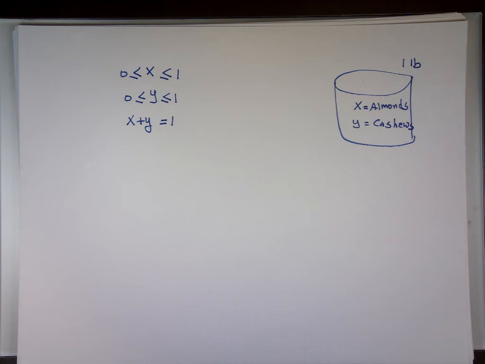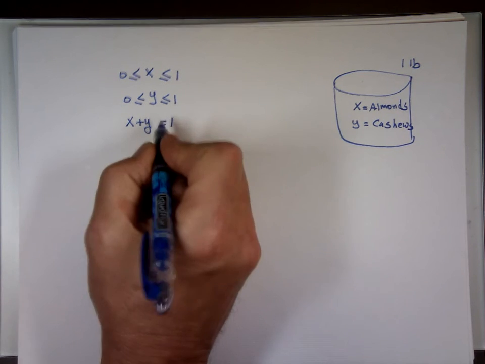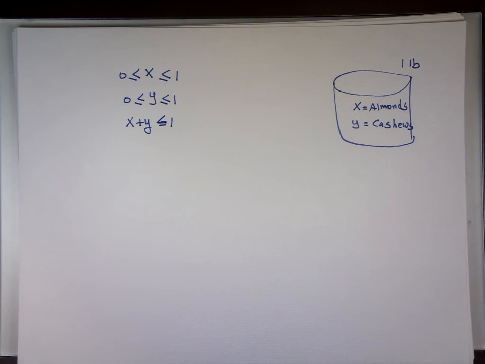So if you want to be technical, say less than or equal to 1. It should be 1, always, every single time. If you're selling 1 pound of mixed nuts, it better be 1 pound in that can. So I can make it equal to instead of less than or equal to, but sometimes they put a little bit less. Technically it should be that.